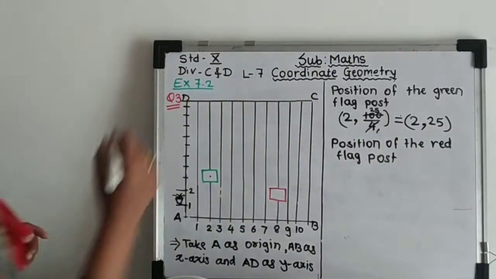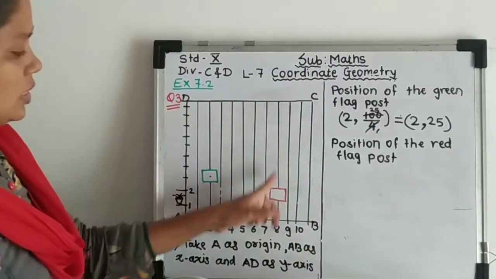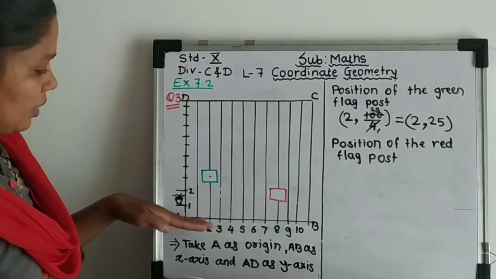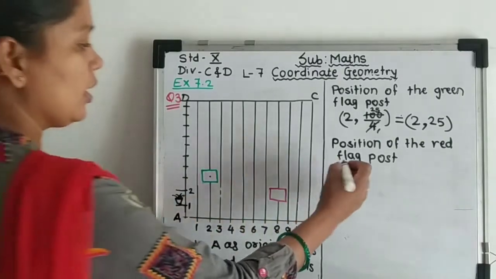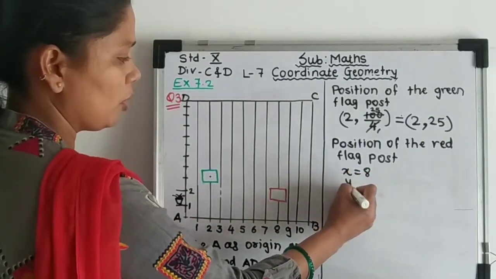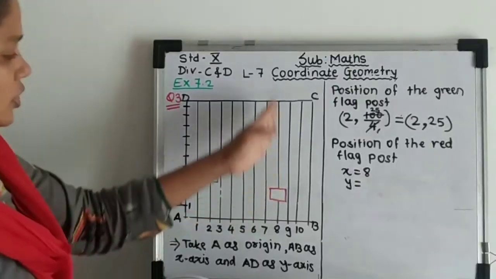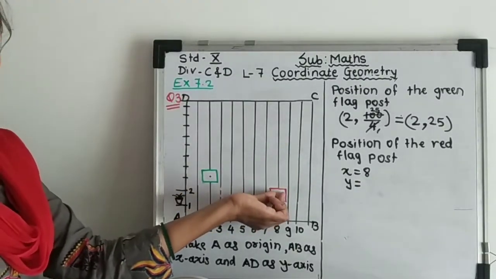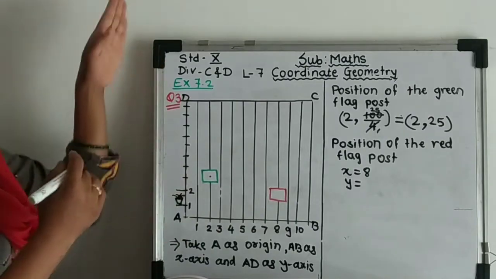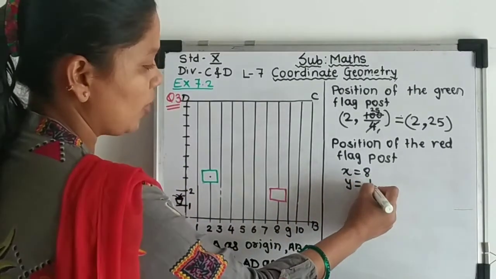See, now the red flag post is at the 8th line, right? So x is equal to 8. But what about y? She covers a distance up to 1/5 of the total distance.